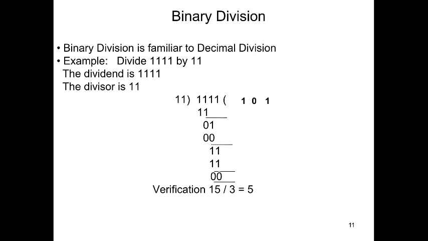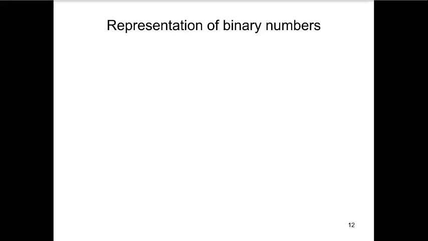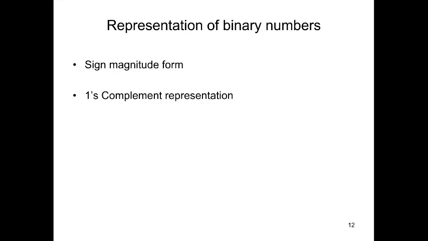So for now we have seen binary addition, binary subtraction, binary multiplication and binary division. Now representation of binary numbers, we have three. One is sign magnitude form, one is 1's complement and 2's complement representation.